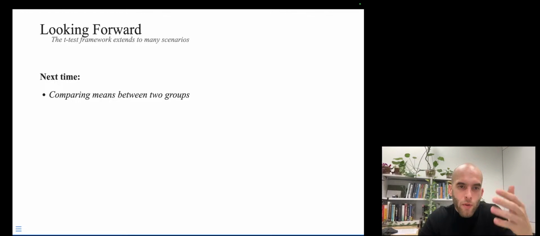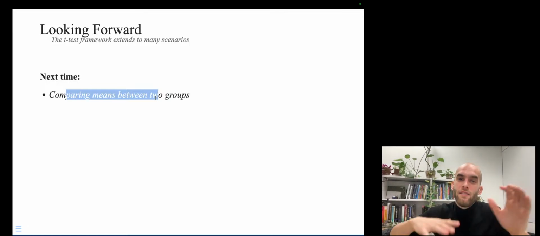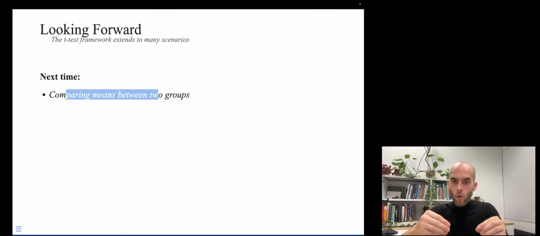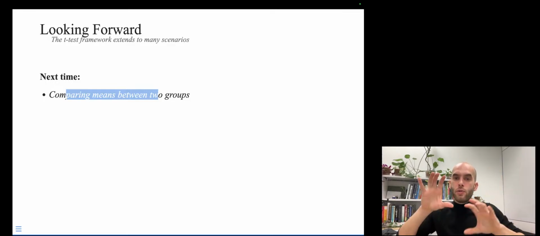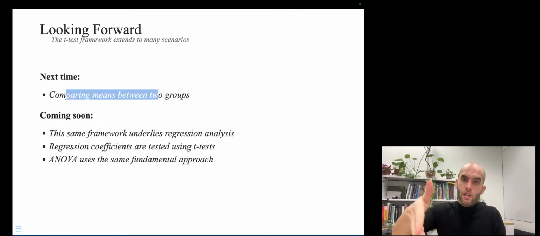So this is the statistical framework, which next time we're going to think about with two different groups. So not just is our one sample 10 or not, but are these two samples different from each other? And then later we're building regression on top of this idea.